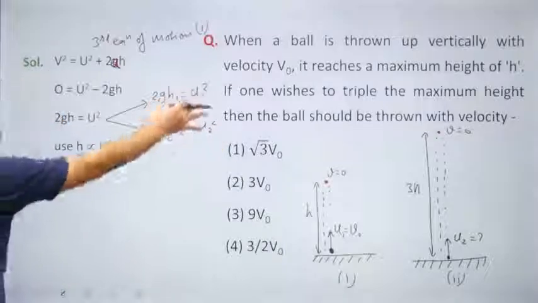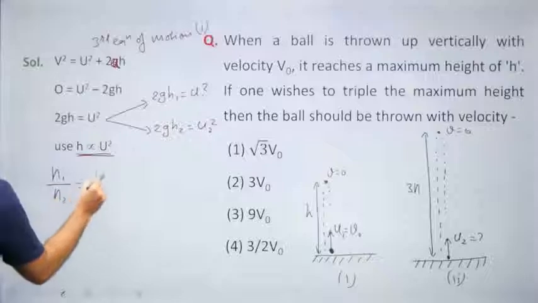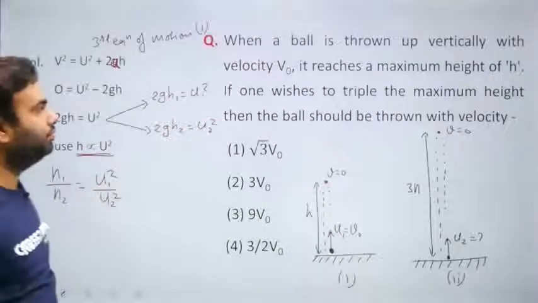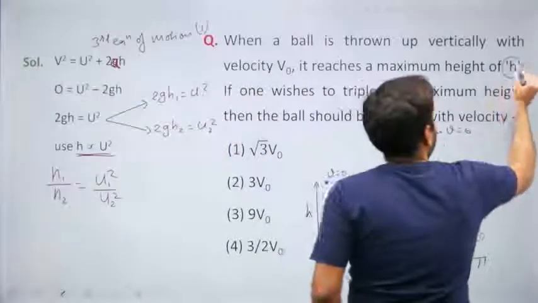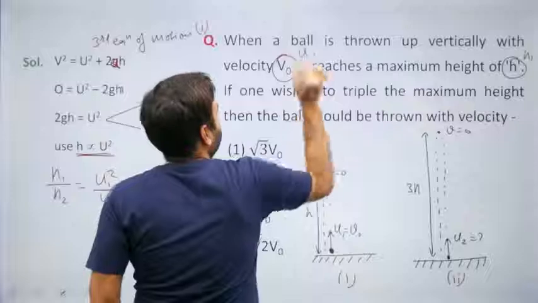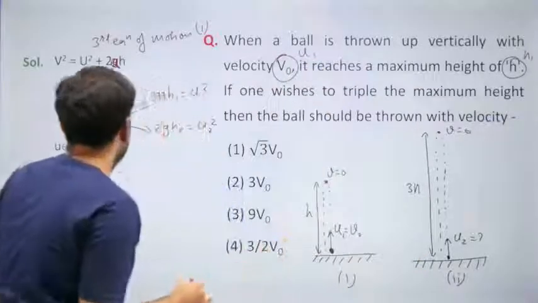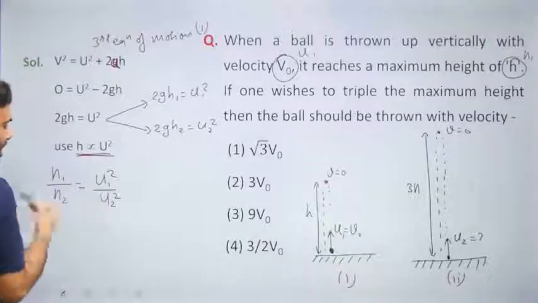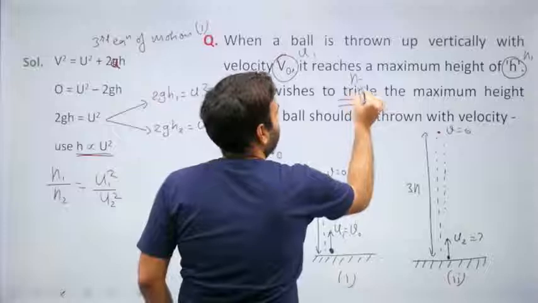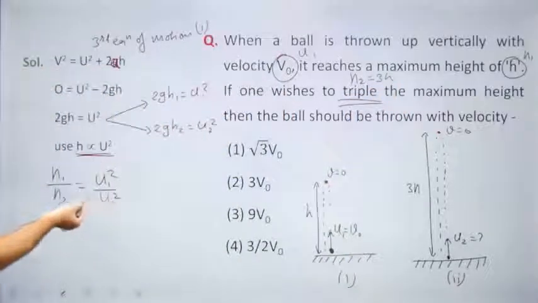So divide these two equations, you will get h1 by h2 is equal to u1 square by u2 square. This value is h1 and this value is u1, and u2 we have to calculate. h2 is 3h. So from this you can get u2.